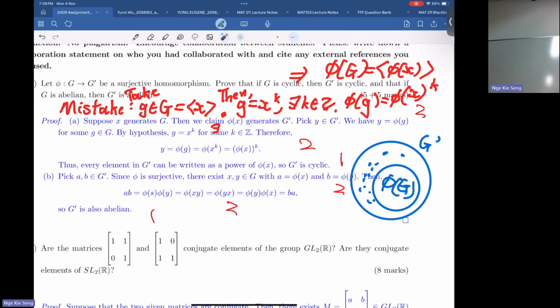But what we do is we take any random y in G prime and show that it is generated by φ(x). In the mistake, you only look at the image.